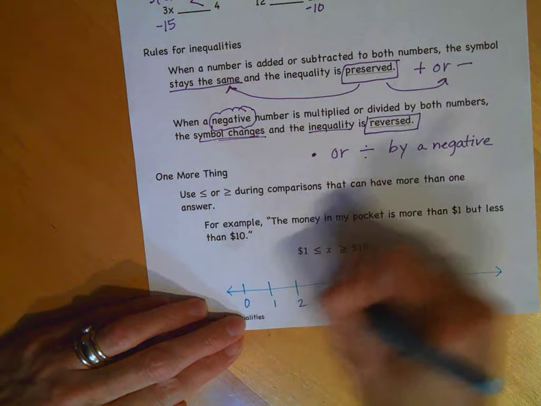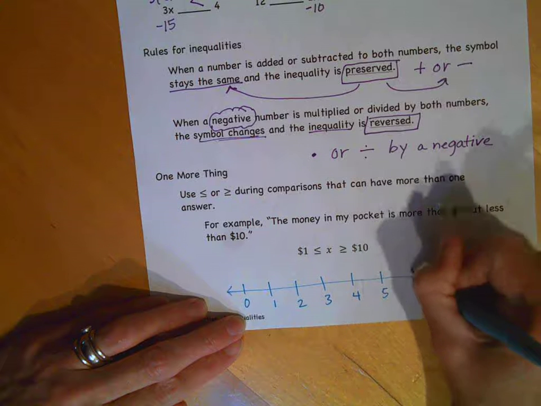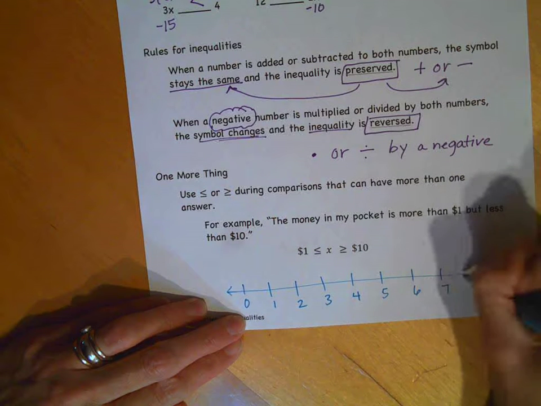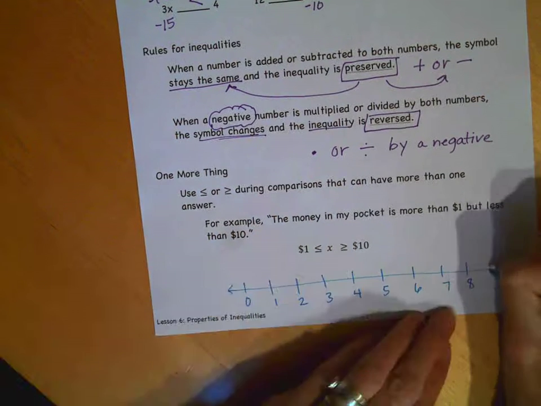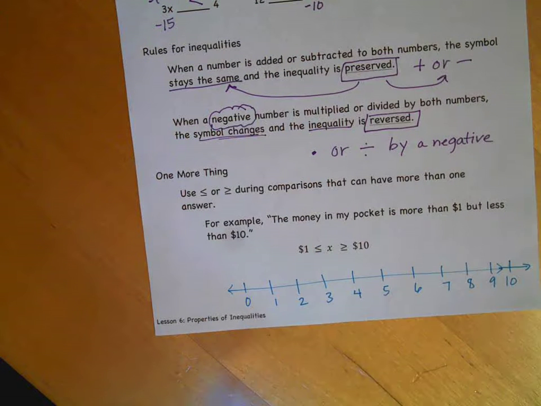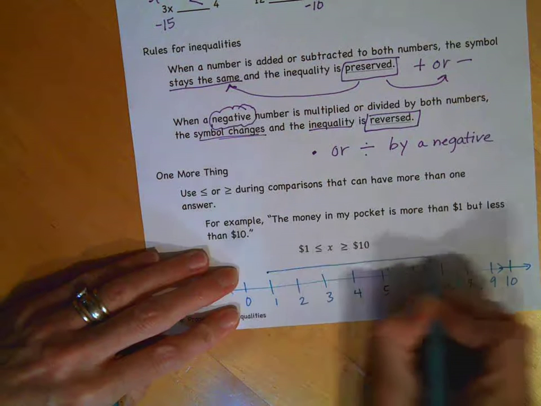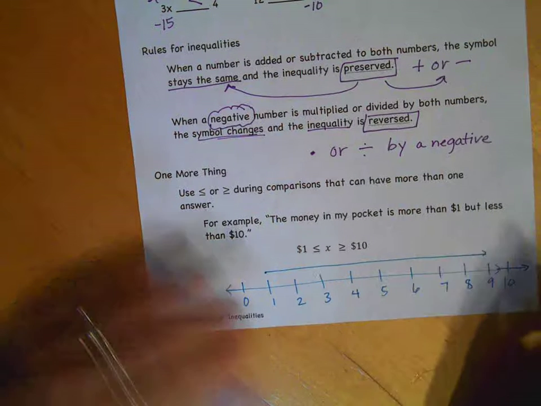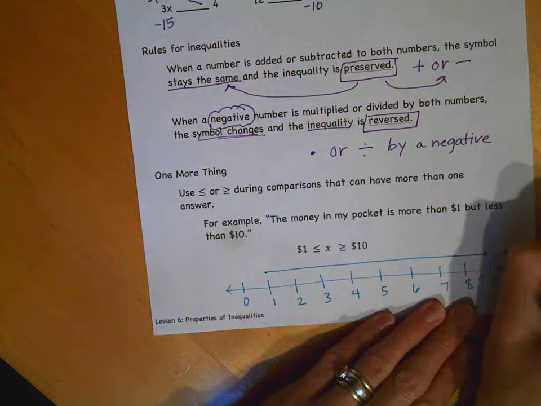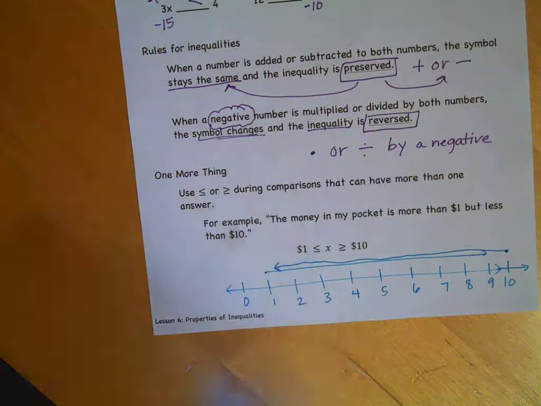So here's 0, 1, 2, 3, 4, 5, 6, 7, 8, 9, and I need to add one more, 10. So according to the money in my pocket, the money has to be more than 1, right? But it has to be less than 10.